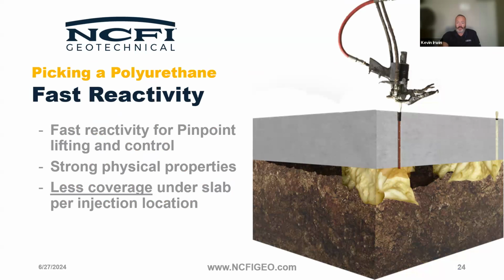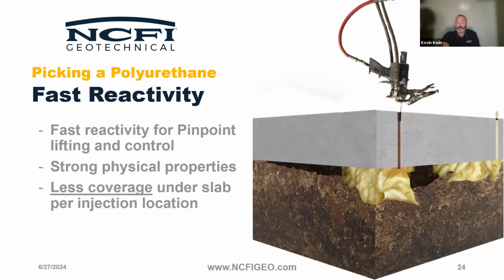But the main thing to understand here, we have fast reactivity foams. With faster formulas, you get pinpoint lifting and control, but of course you're not going to get very deep with it. As in the image you see here, the tip of the gun, the chemical mixes there, it goes down the tube, and it's already reacting as it's going down the tube.